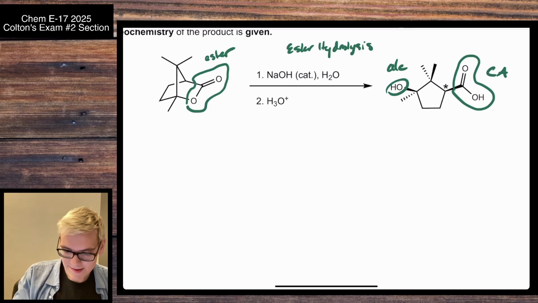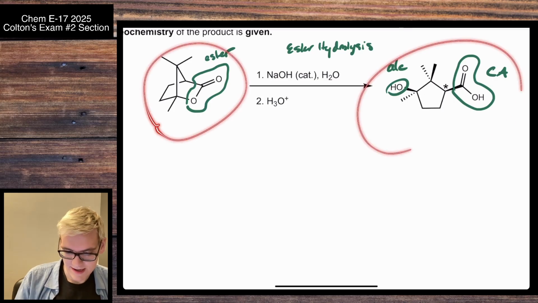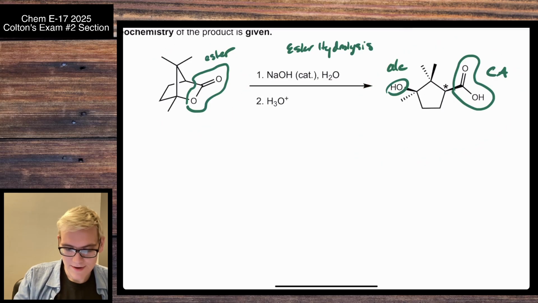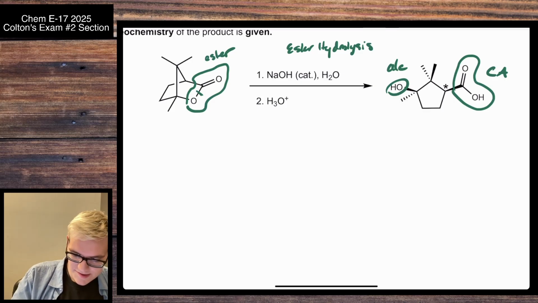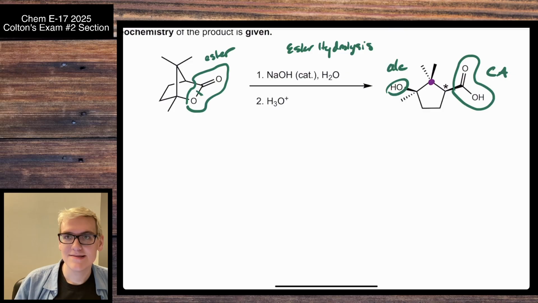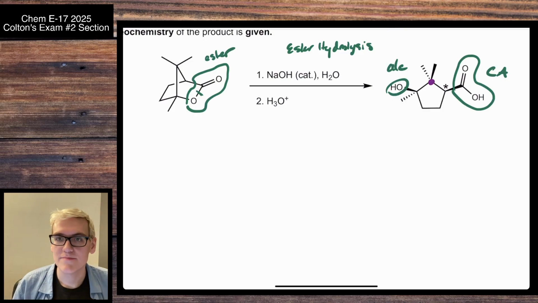So how does this thing become this thing? Well, we know that in this reaction we are going to be breaking this bond. Maybe let's try to find an anchor point then. If we know that we are going to break that bond, to me, these two methyls are a really distinctive part of this molecule, right?